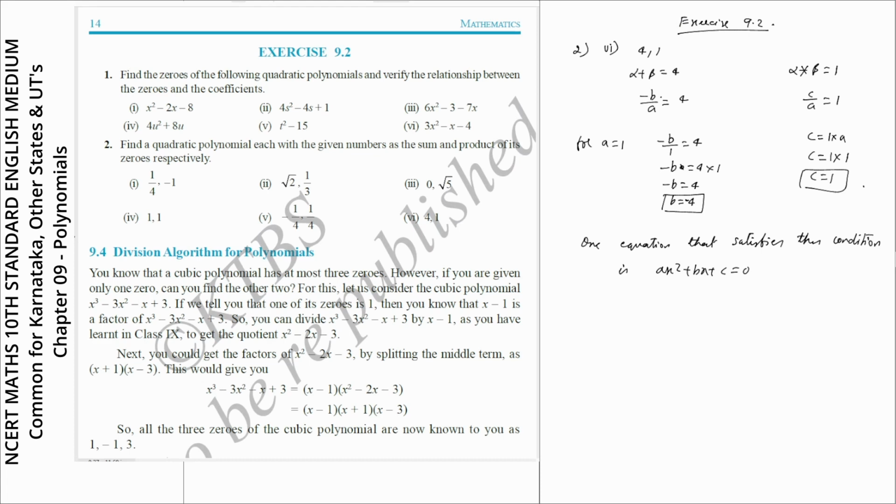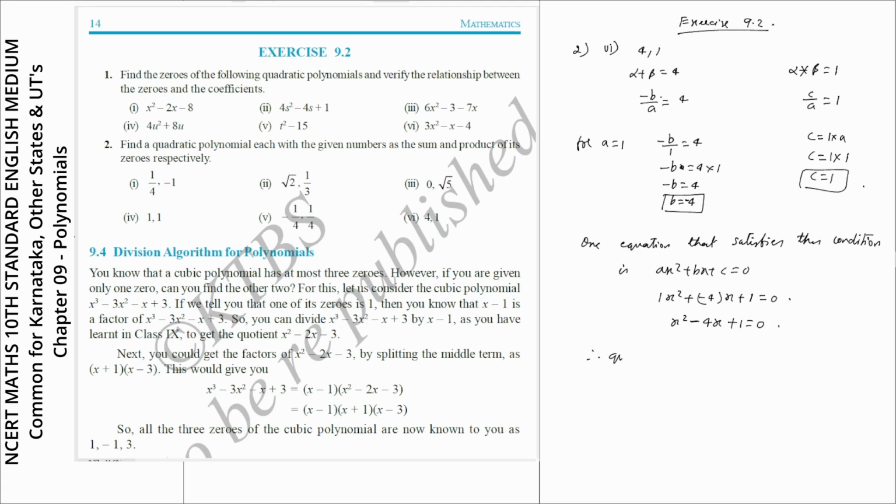So now substitute the values of a, b and c here. A is 1 into x square plus b is minus 4 into x plus what is c is 1 is equal to 0. Now 1 into x square is x square only. So plus into minus is minus 4 into x is 4x plus 1 is equal to 0. So this is the equation.